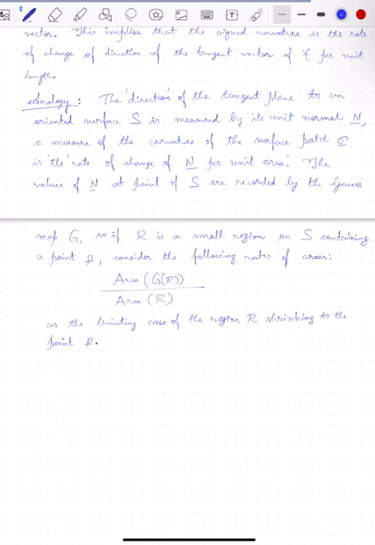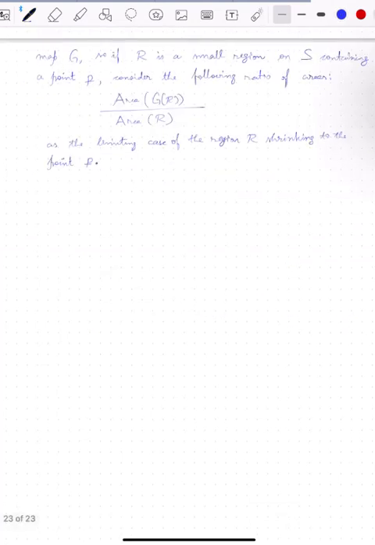Now let's state a theorem in this regard. The theorem says: let sigma vector be a mapping from U to R3, a surface patch, of course.